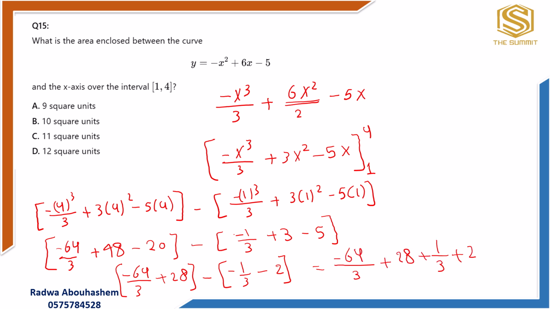So I just distributed the negative sign here. So negative 64 over 3 plus 1 over 3 gives me negative 63 over 3. And 28 plus 2 gives me 30. Negative 63 divided by 3 gives me negative 21, plus 30 gives me 9. So 9 square units.